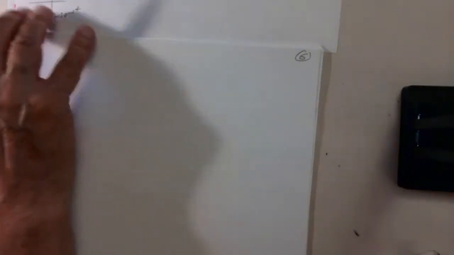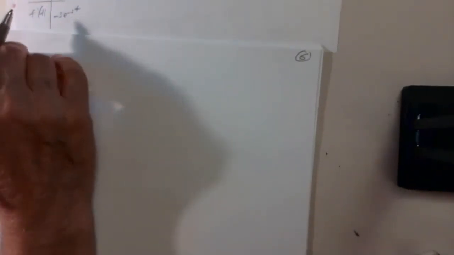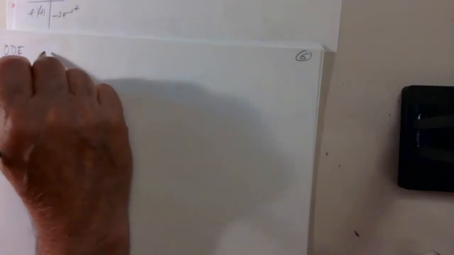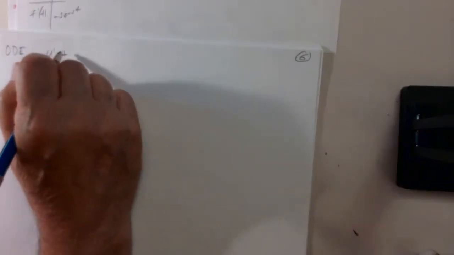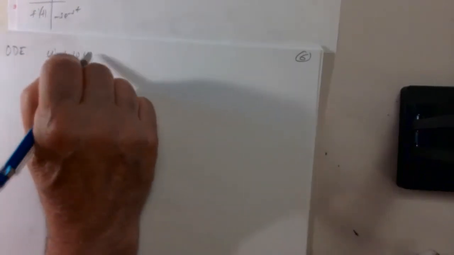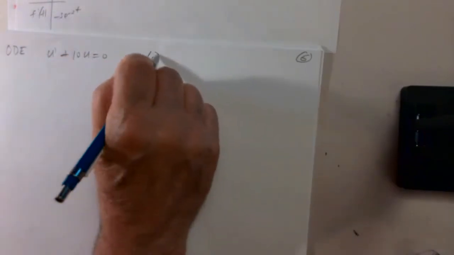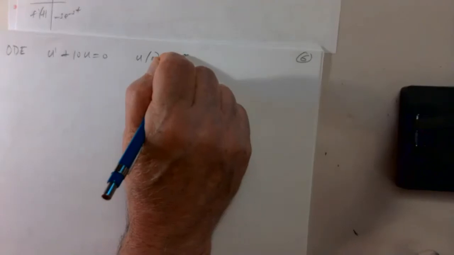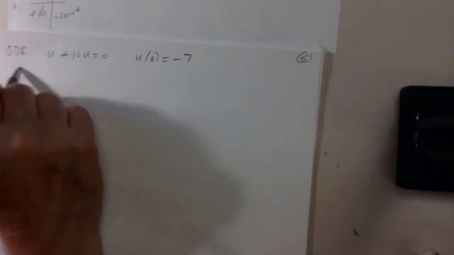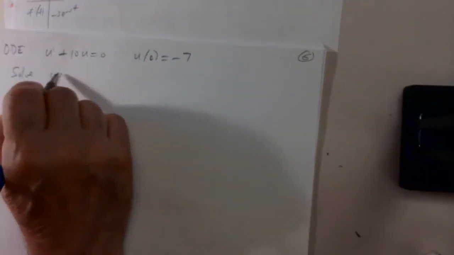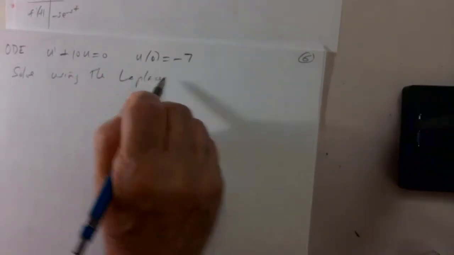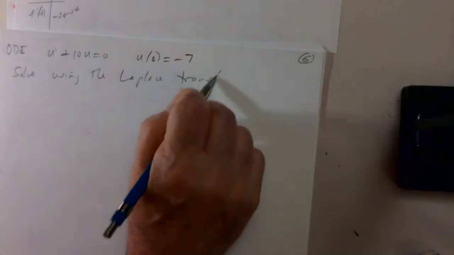Suppose I take one that looks pretty simple. So here's the following ordinary differential equation. u prime plus 10u equals 0 with the initial condition that u of 0 is minus 7. And we want to solve it using the Laplace transform.